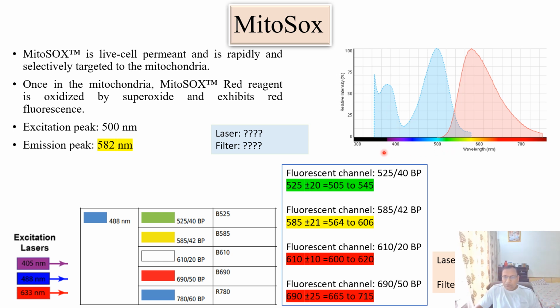This means the MitoSOX electron can be excited by wavelengths ranging from about 350 to 600 nanometers. Light of any wavelength from 350 to 600 nanometers can excite the electron of MitoSOX from the ground state to the excited state.